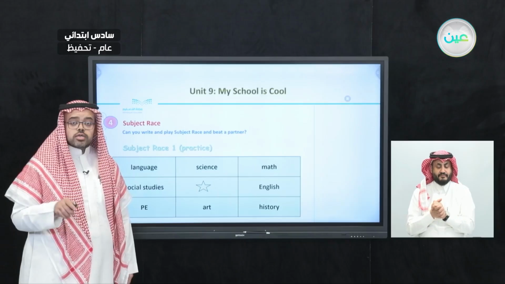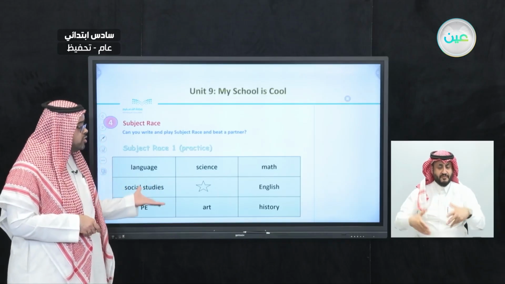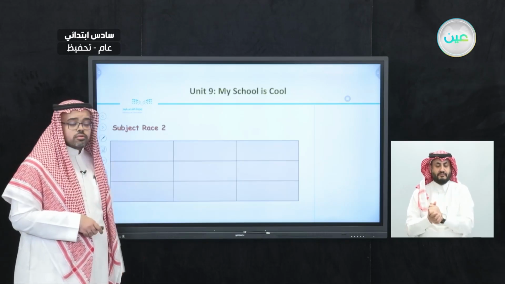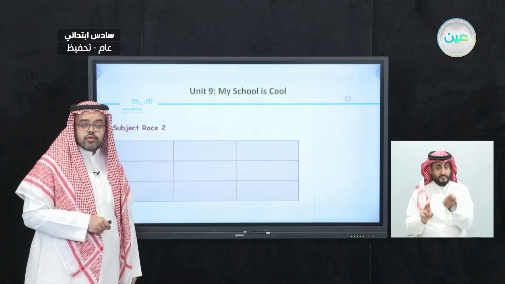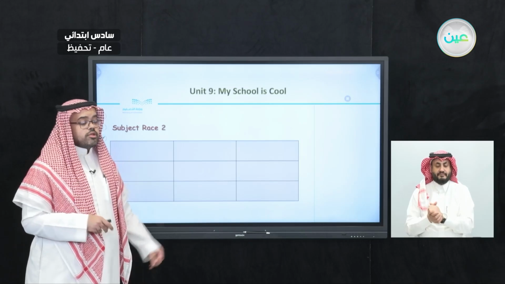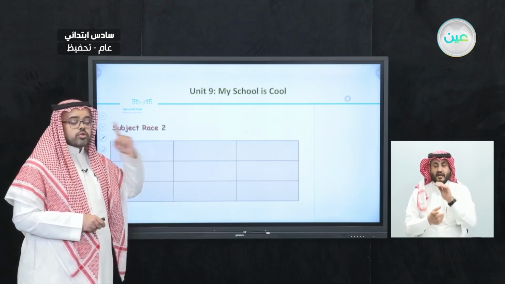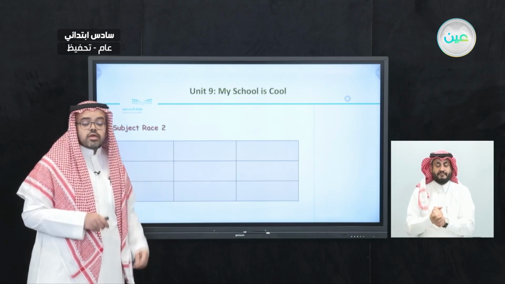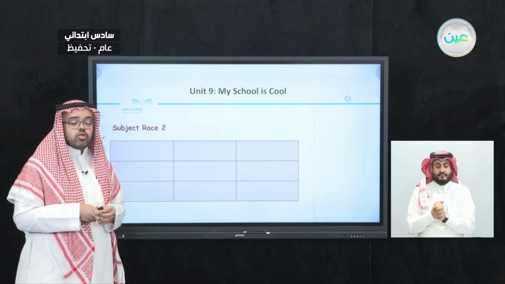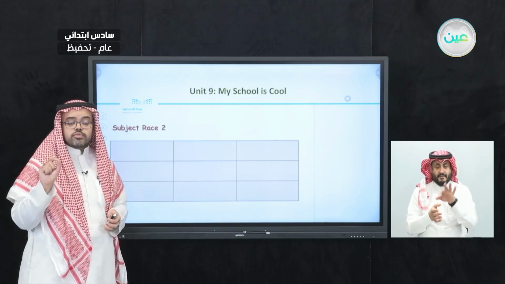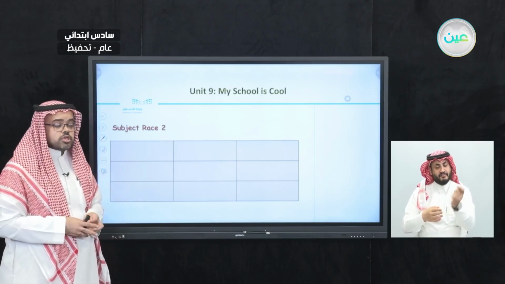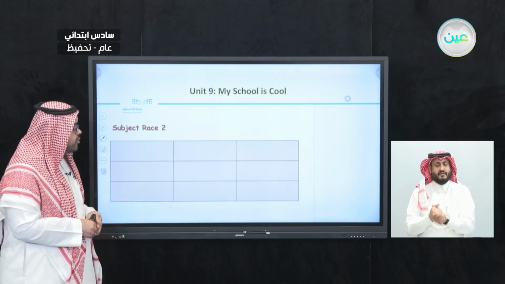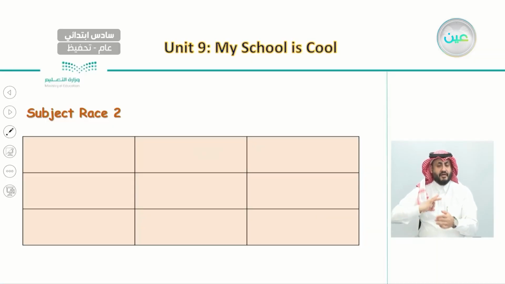And to make it more interesting, with the subject race you can not only circle the subject, but also write them from the beginning. So for example, instead of circling, you listen to the teacher or your partner saying a sentence, and all you have to do is pick the name of the subject from the sentence and write it down here. For example, a sentence like, I like English.